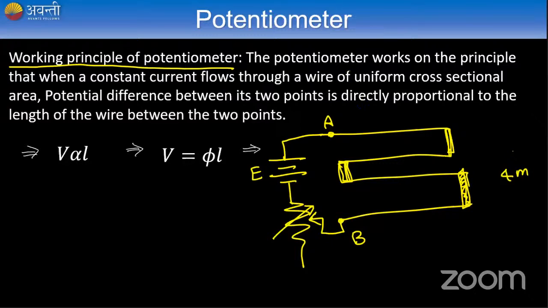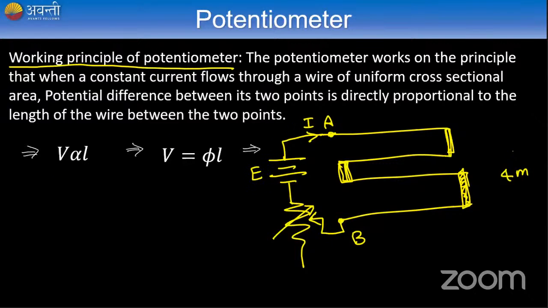When a constant amount of current I flows through a wire of uniform cross-sectional area, the potential drop between two points, say A and B, is directly proportional to the length of the wire. The potential drop is E or V.